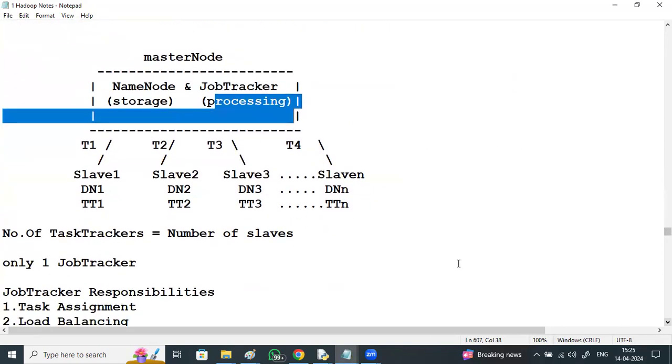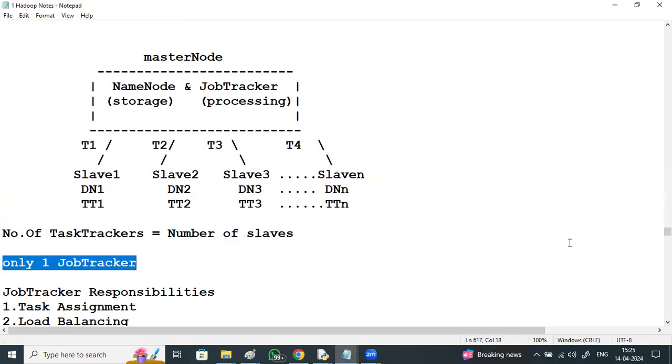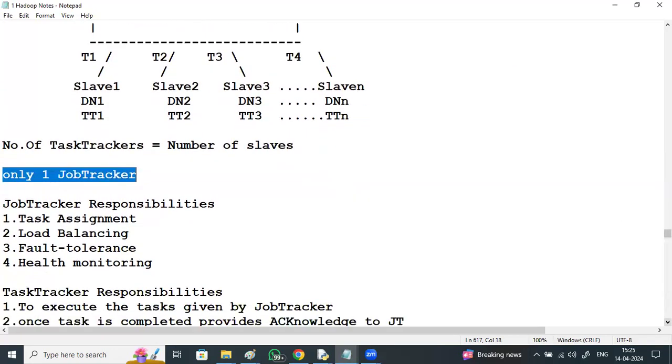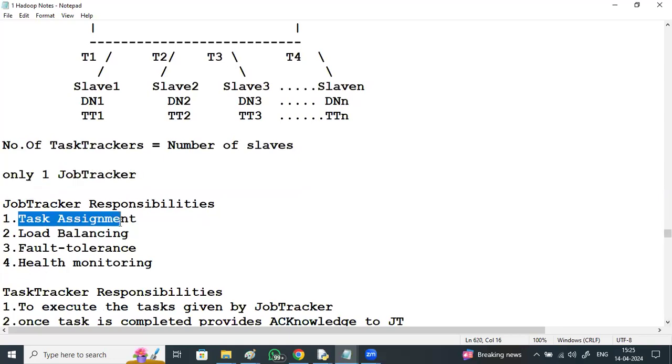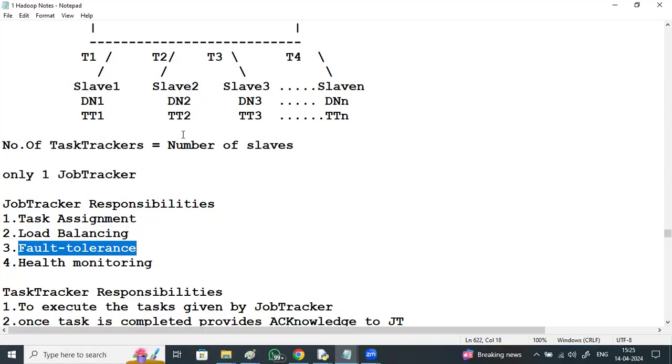The number of task trackers equals the number of slaves, but there is only one job tracker. Job tracker responsibilities: assigning the task, balancing the load, fault tolerance mechanism. If any one system is down, meaning the task tracker is down, then the task has to be assigned to another task tracker. And health monitoring.